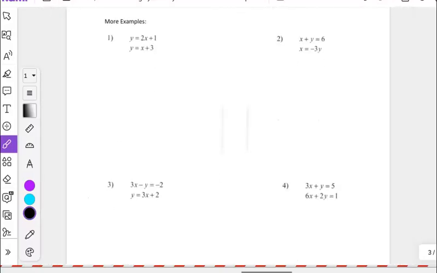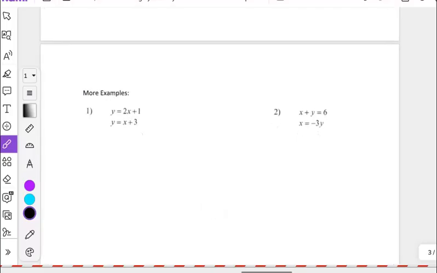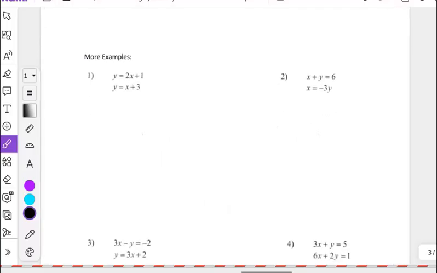Now here are a couple more examples that we're going to do just so we can get the practice in. I would recommend pausing the video, doing the problem, and then going back to the video. So we're not going to do 4, we'll do 1, 2, and 3. Both of these are y equals 2x plus 1, y equals x plus 3. So I'm going to set them equal to each other. So 2x plus 1 equals x plus 3.